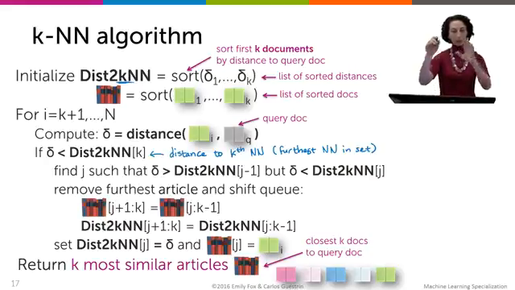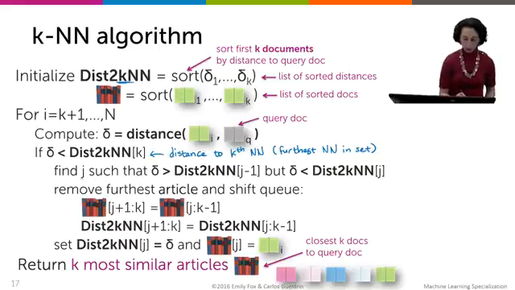We know it's closer than our kth nearest neighbor, but is it closer than our third nearest neighbor or second or first? Whatever index that is, we shift the queue that we have for our nearest neighbors found so far, and we insert this article into this priority queue.